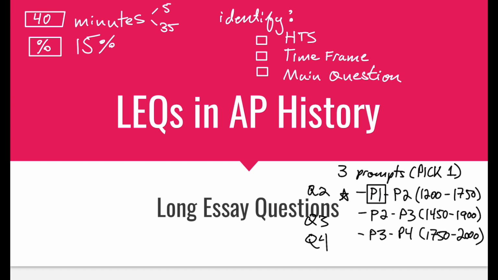Question 3 goes from period 2 to period 3, the 1450s to the 1900s. So this could include a question on the revolutions, like the American Revolution or the Mexican Revolution. It could include the Industrial Revolution. It could include the Columbian Exchange, old imperialism or new imperialism. Question 4 covers period 3 to period 4, which is the 1750s until today.